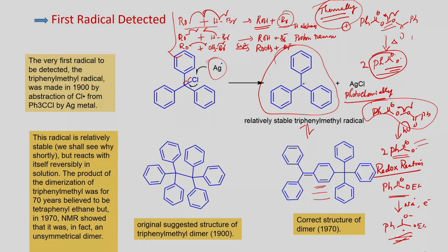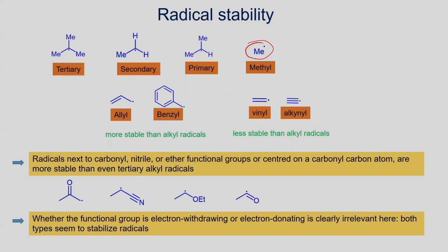Now, let us look at the stability of the radicals. If you compare these alkyl radicals, you have the methyl radical, here the dimethyl, here the propyl radical, and this is the tertiary radical.